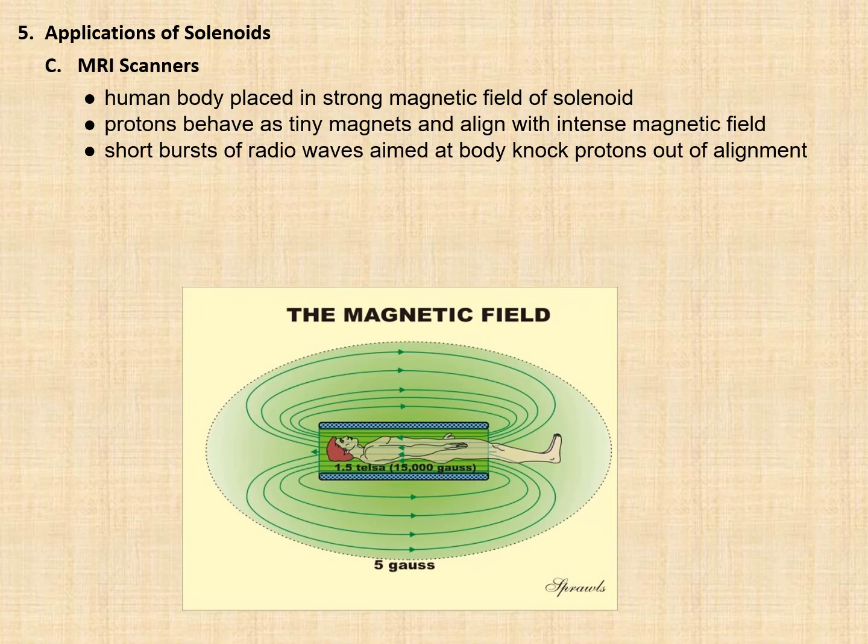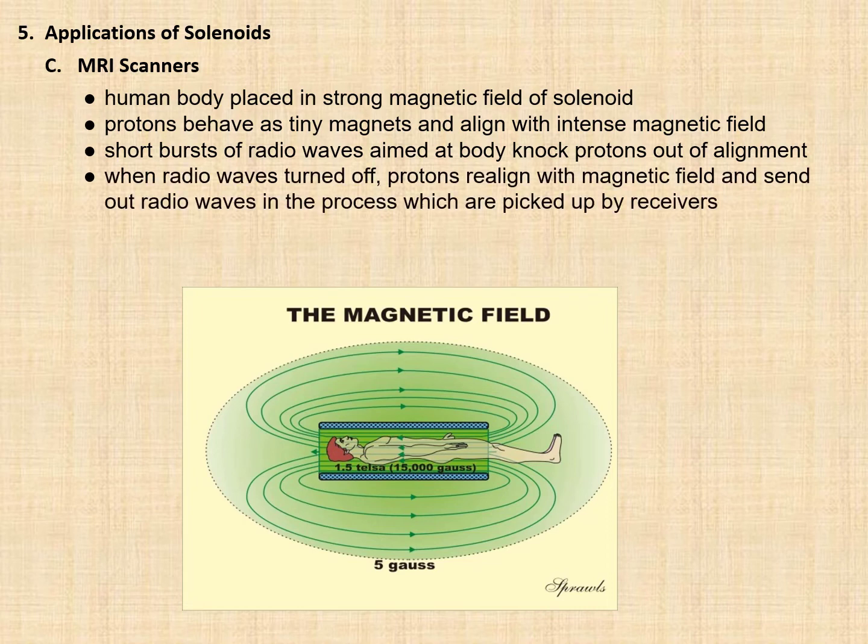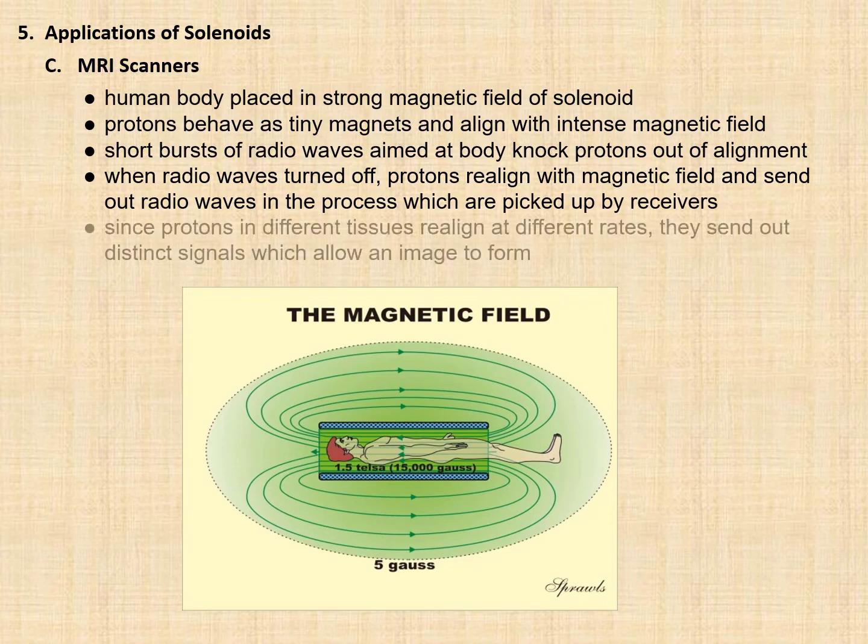If you've ever had an MRI, you hear these short bursts of radio waves being produced, and they make a rather loud sound. When the radio waves are turned off, the protons will naturally realign with the external magnetic field of the solenoid, and in so doing, they create radio waves which can be picked up by receivers. These radio waves form the image, the scan.